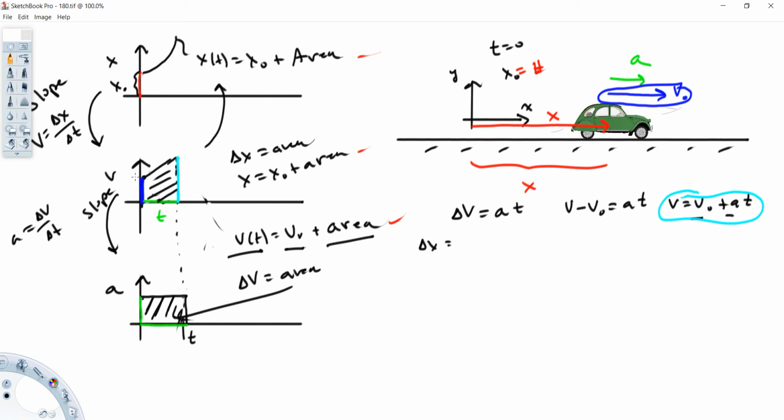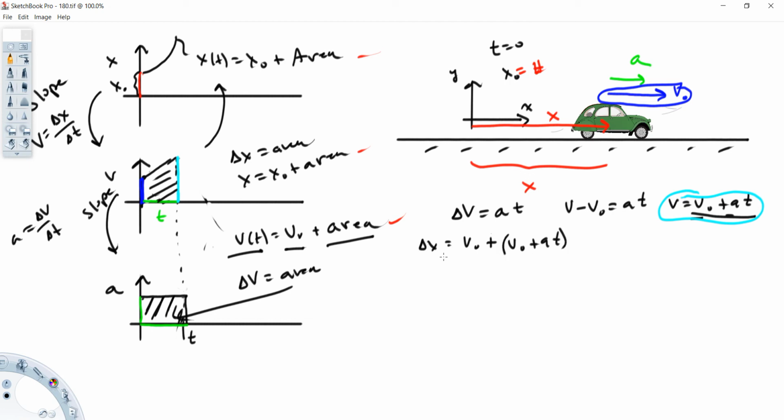So if you're not familiar with finding the area of a trapezoid, I've got videos on finding the area of a trapezoid, just go review them, but it's basically the left plus right divided by 2 times the width. So in our example here, the left is what we're calling v sub o. The right is described by this function, v sub o plus acceleration times time.